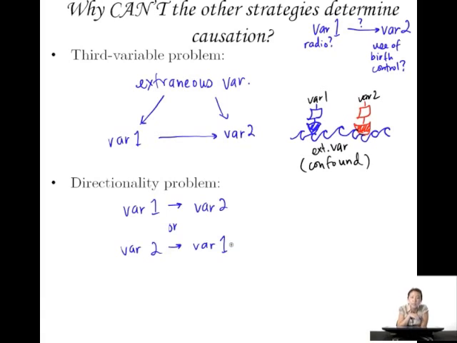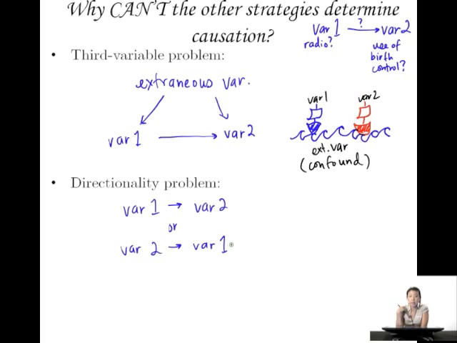We don't know how to distinguish between those. And so that's called the problem of directionality. Even if two variables have a relationship to each other, either a positive correlation or negative correlation, we don't know whether X causes Y or Y causes X, right? And that's hard to distinguish in a correlational design or a non-experimental design.